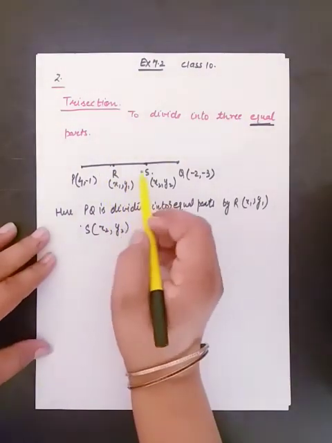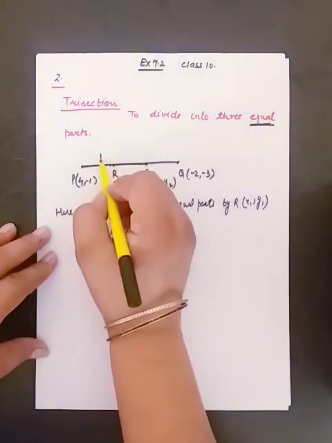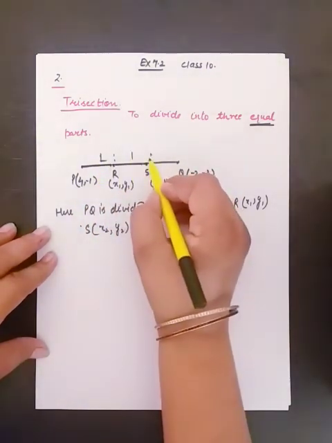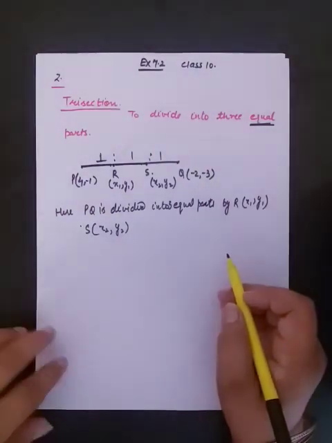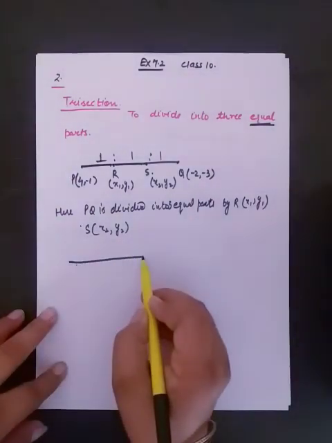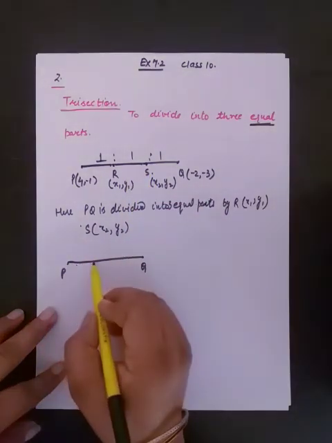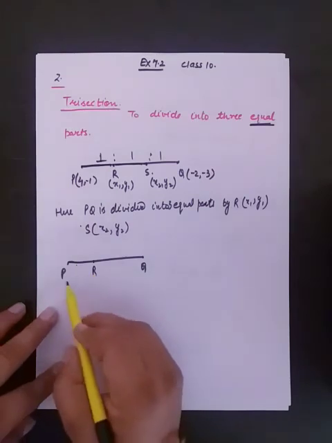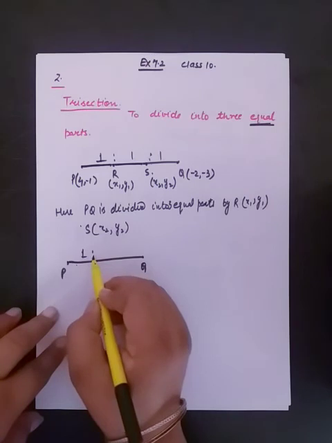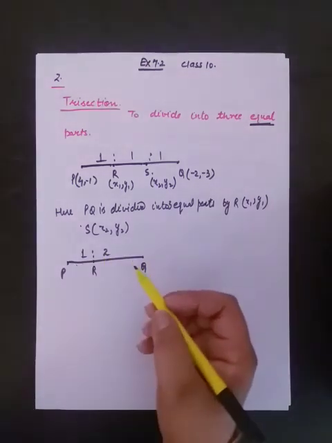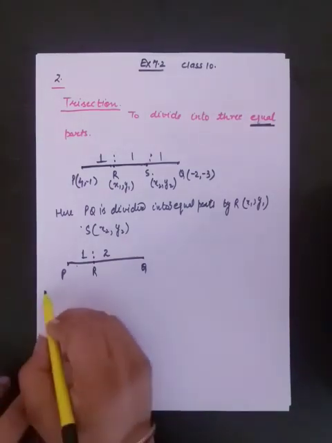Because the parts are equal, the ratio between the parts is 1:1:1. But for the section formula we need only two ratios. If I eliminate point S from here, then I can say that PQ is divided by R in the ratio 1:2. So by applying the section formula, we can find the coordinates of R.